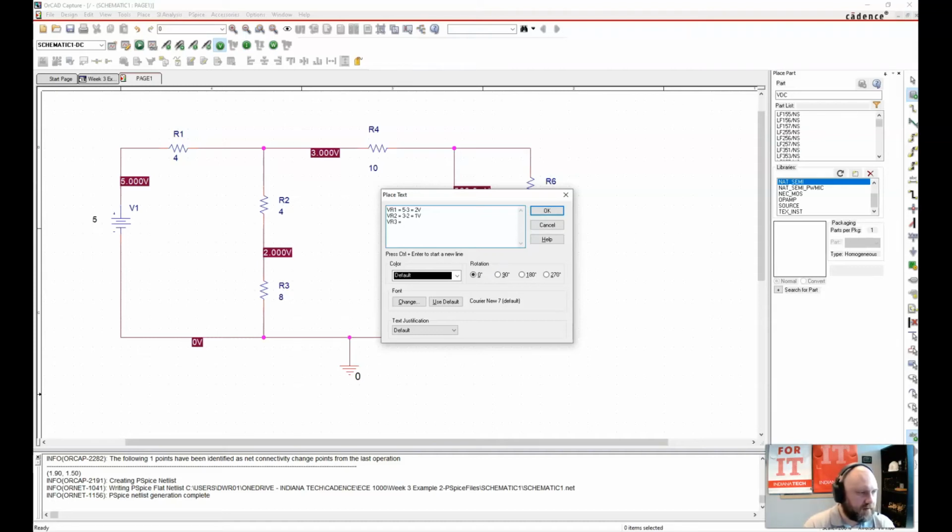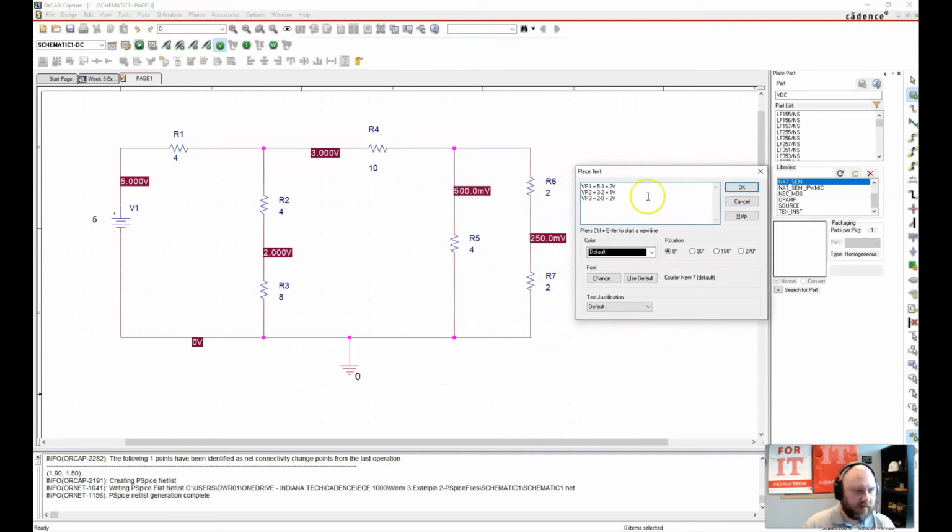VR3 is equal to 2 minus 0, which is 2 volts. VR4 is equal to 3 minus 500 millivolts, which would be 3 minus 0.5, which is 2.5 volts.